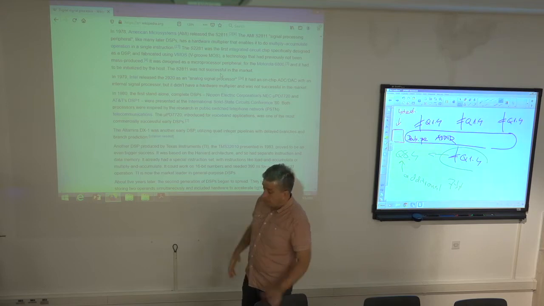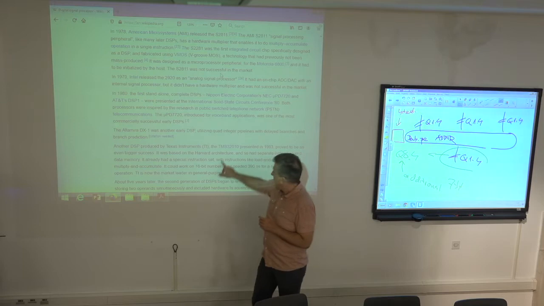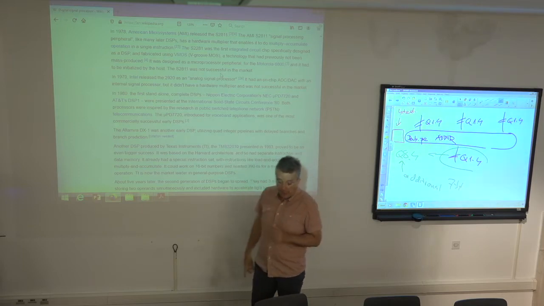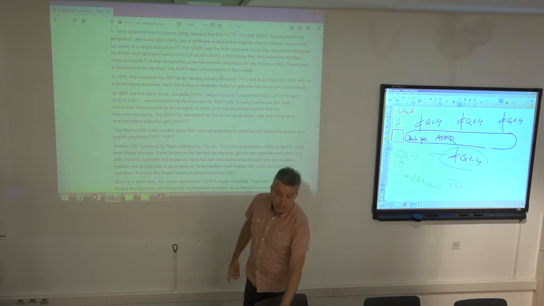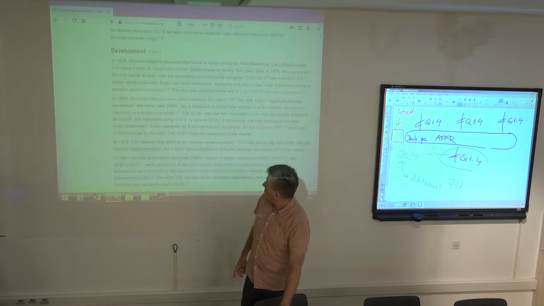But the first single chip DSP was not the Texas Instruments 32010. It was one from the AT&T company in the US, Bell Laboratories, and one from the NEC company in Japan.